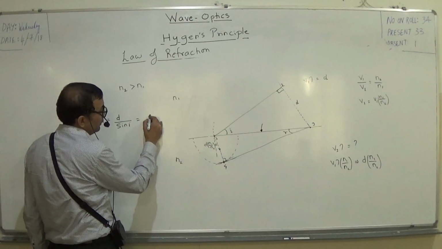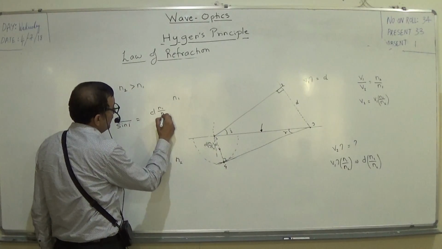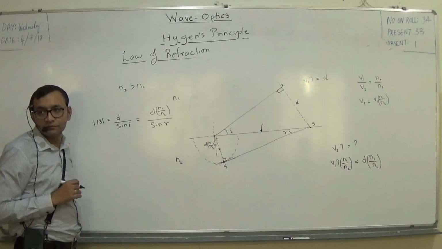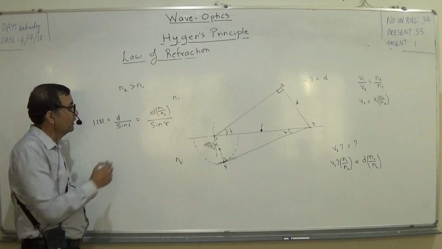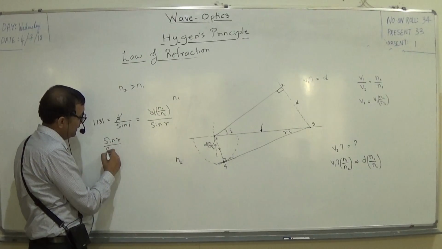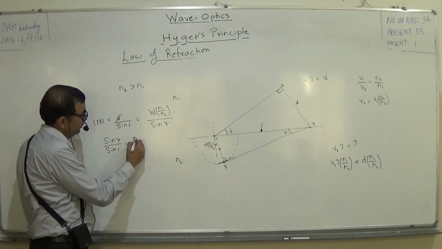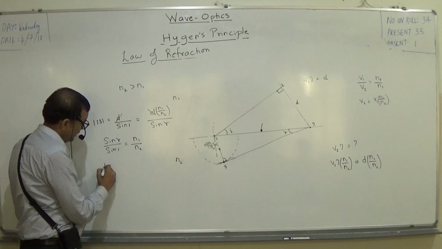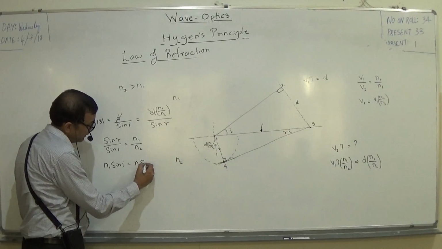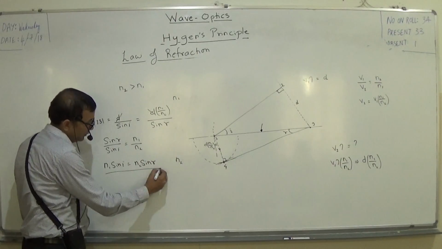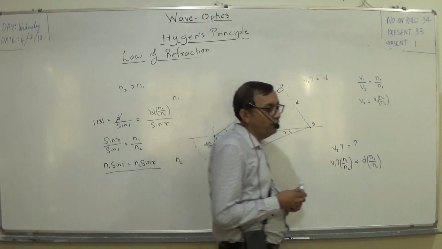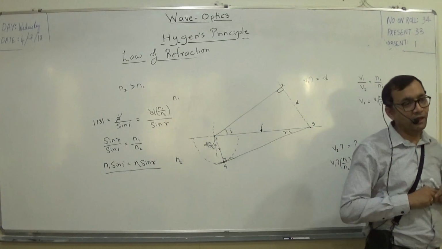And this is also equal to D N1 by N2 divided by sin of R. D gets cancelled. So sin R by sin I is equal to N1 by N2. Fine. So we get N1 sin I is equal to N2 sin R. This is what Snell's law is. So you can see how powerful this principle is, Huygens' principle.